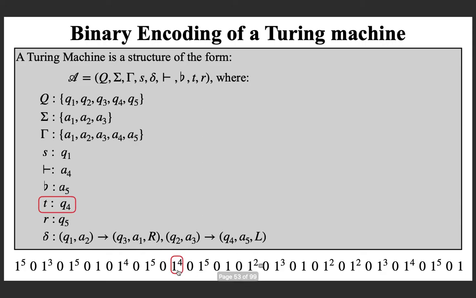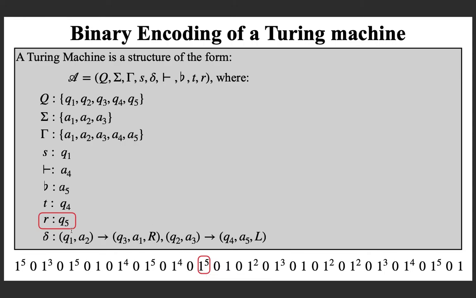Then it says the fourth state on the state set, which is Q4, is going to be the accept state. And next, the fifth state on the state set, which is Q5, is going to be the reject state. So the first 8 components, strings of 1s separated by zeros, are representing the first 8 components.